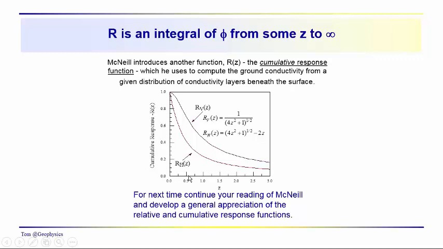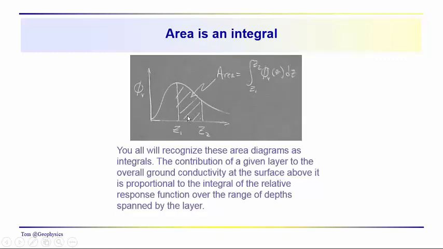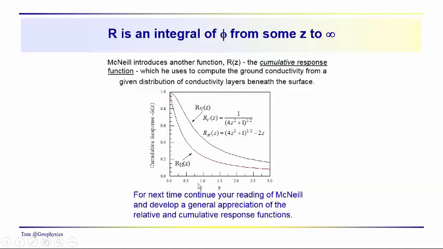So for next time, just continue your reading and develop a general appreciation of the relative response function and the cumulative response function, and think about how we can use these cumulative response functions to calculate this area under the relative response function. More next time.